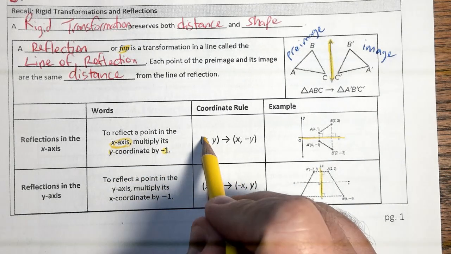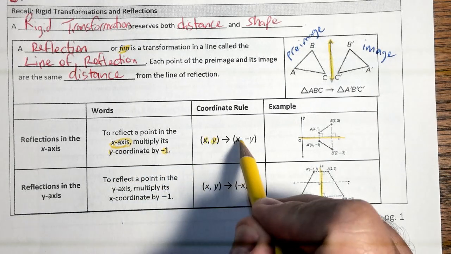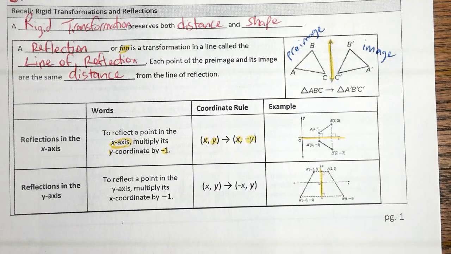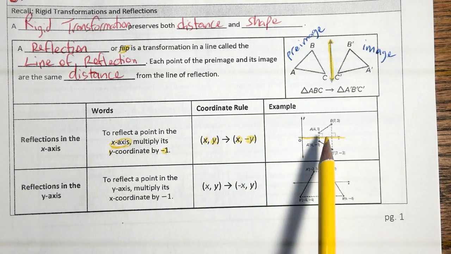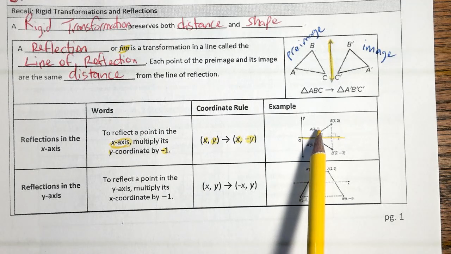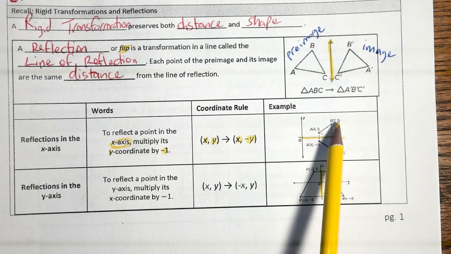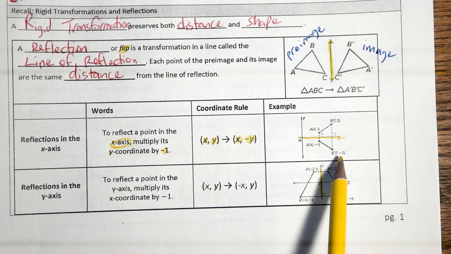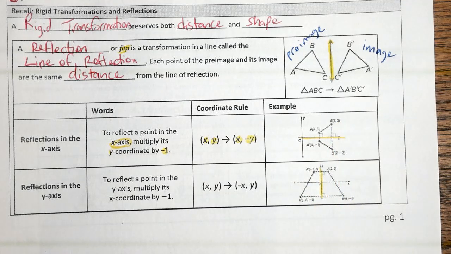So our coordinate rule, x comma y, becomes x comma -y. Our examples here: A is 4, 1. A prime is 4, -1. See that we multiplied 1 by -1, and that puts it the same distance. B is 7, 3. Down here, it's 7, -3. So we're just taking the negative, or multiplying it by -1.